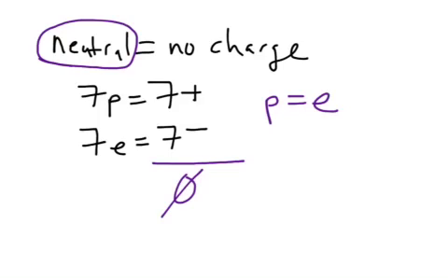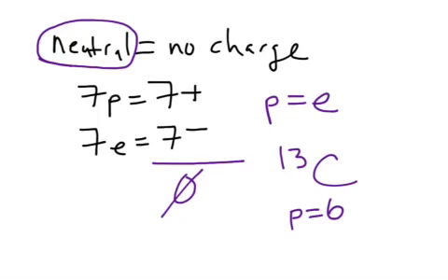Okay, let's take a closer look at carbon-13. And let's do the P, N, and E, which is the protons, neutrons, and electrons for carbon-13. If you look on the periodic table, you'll see that the atomic number for carbon is 6. So the number of protons that all carbon atoms have is 6.